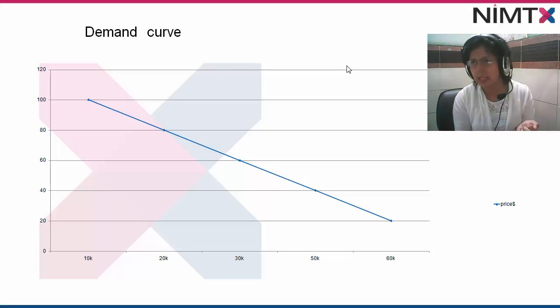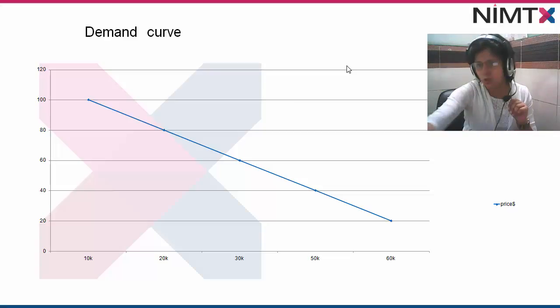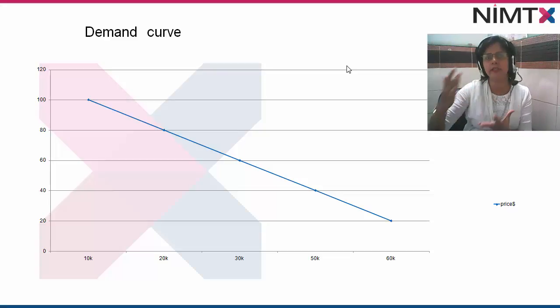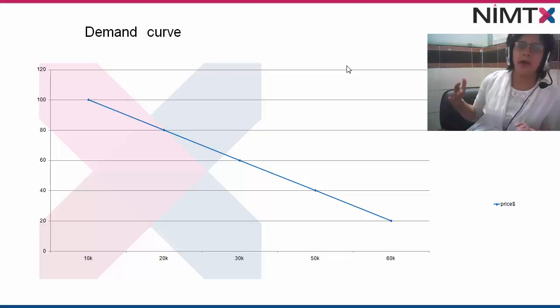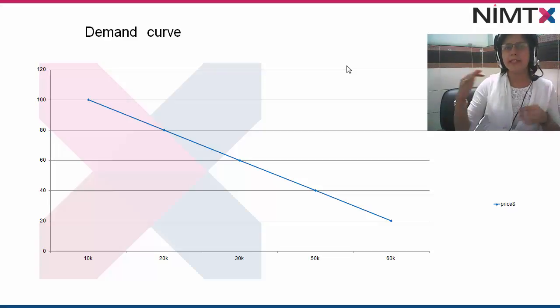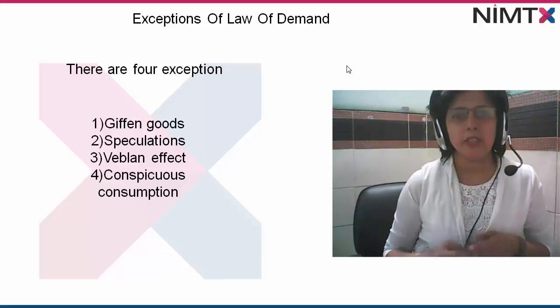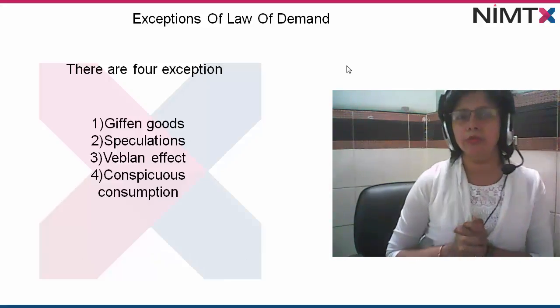So we plot a graph and we have a downward slope, which shows that when there is an increase in price, then the demand decreases, and when the price is less, the demand is increasing day by day.